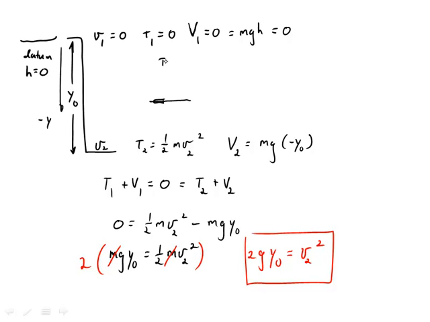In this scenario, it's still going to work pretty much the same way. At the top, I have no kinetic energy, and because the datum is at the top, I have no gravitational potential energy. There are no bars. At the bottom, the object is clearly moving, and so I'm going to have some kinetic energy. The potential energy due to gravity, V sub g, also has a value, but V sub g is negative.